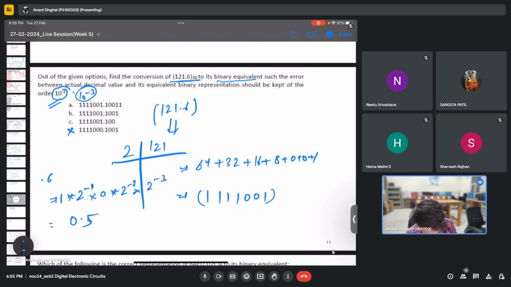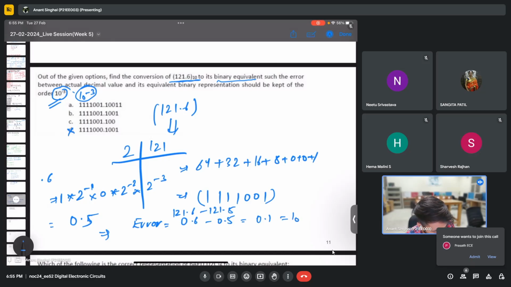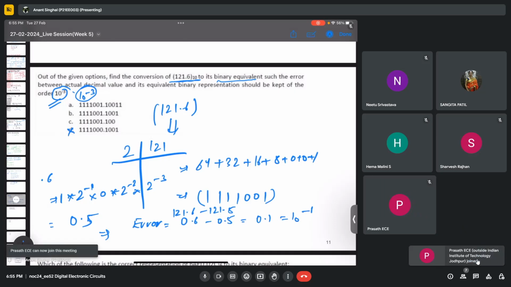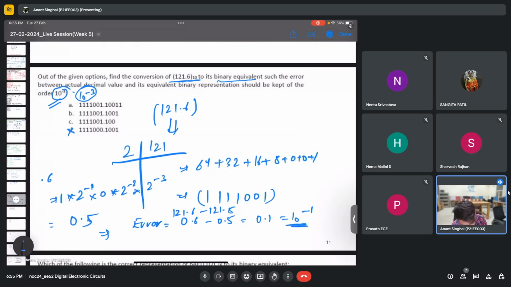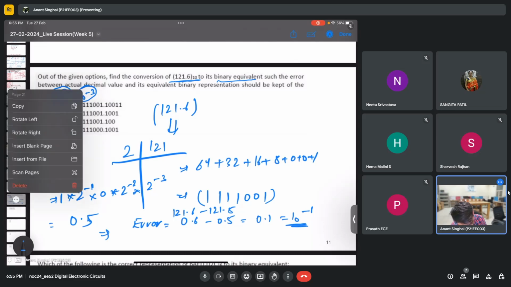So the error here will be 0.6 minus 0.5, or you can directly write 121.6 minus 121.5. So the error is 0.1, that is 10 raised to the power minus 1. You need to keep the error below or in the order of 10 raised to the power minus 3. So this is not enough. So option C cannot be a possibility. We need to go to further digits to calculate the error.